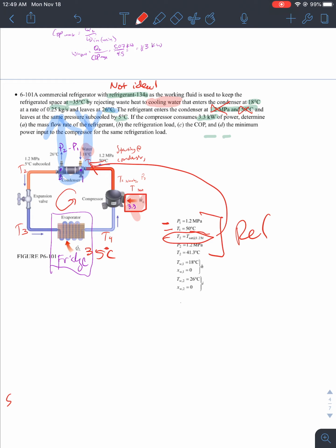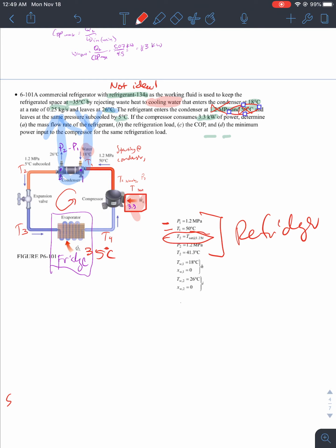Oops. Let's go forward. Did I get that wrong? All right. Sorry for being confusing. This says we're at the 50 Celsius point.